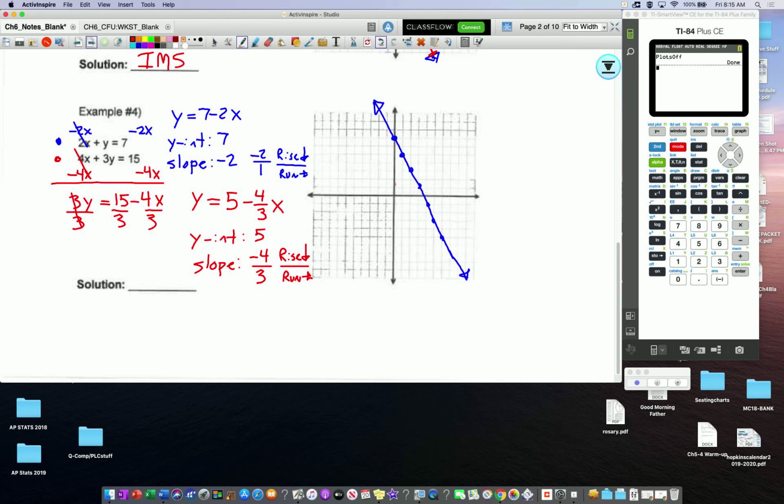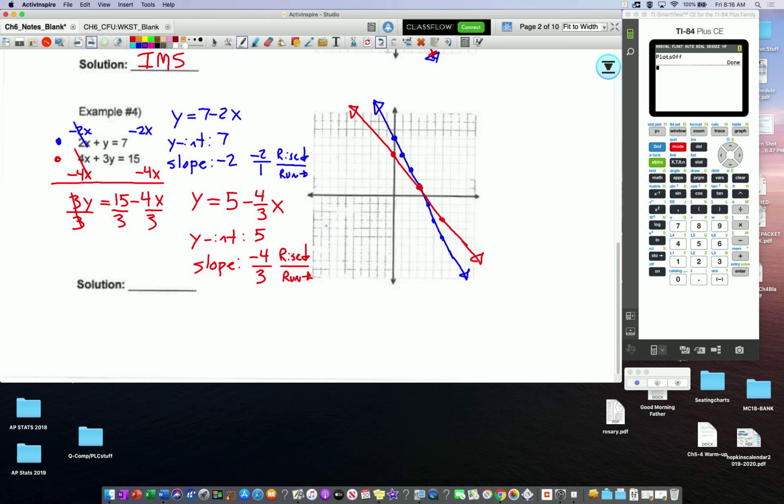So 1, 2, 3, 4, 5. So this means I'm going to go down 4, 1, 2, 3, 4, run 3. Look at that. I get the intersection right away. Down 4, run 3. So I'm just going to connect those since I see where the point of intersection is right away.